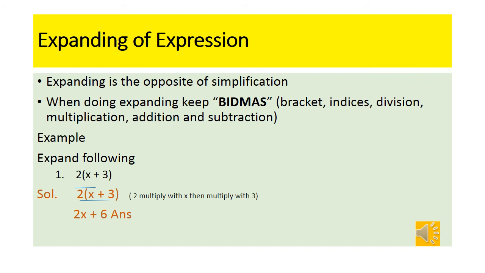So we multiply 2 with x, which becomes 2x. There is a positive sign and the 2 also has a positive sign, so positive signs remain unchanged. Then 2 multiplied by 3 becomes 6. So the expansion of 2 in bracket x plus 3 is 2x plus 6.